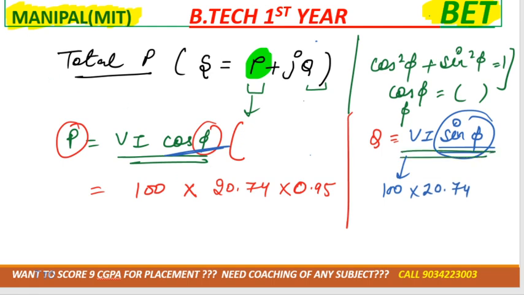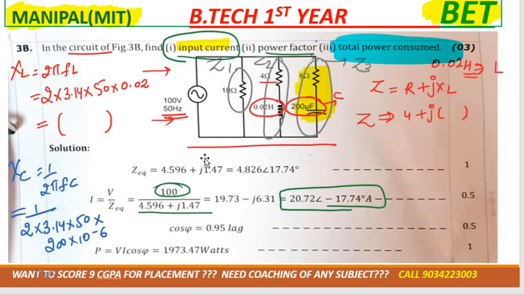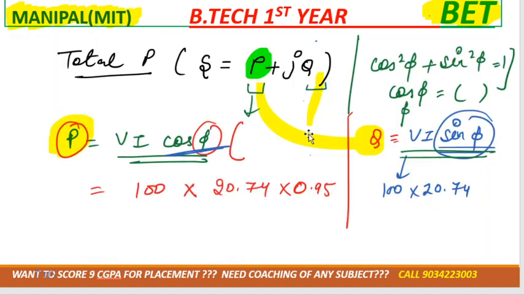After getting the values for active power and reactive power, we could also put the phi value, which is 17.74, directly.